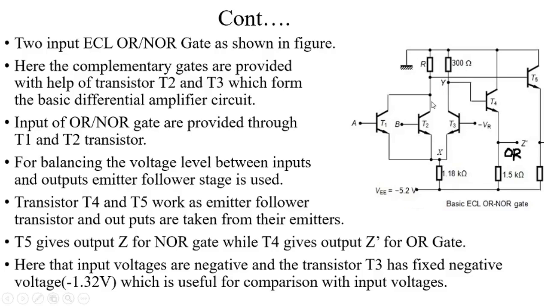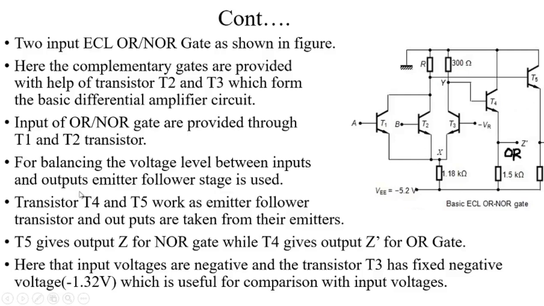At the collector terminals of T2 and T3 we collect the output, but this emitter coupled circuit does not give an accurate output signal. These signals are interrupted by noise, so we are avoiding this noise. These corresponding outputs are given to other transistors, and these transistors act as emitter followers because we connect the output at the emitter terminals of the T4 and T5 transistors.